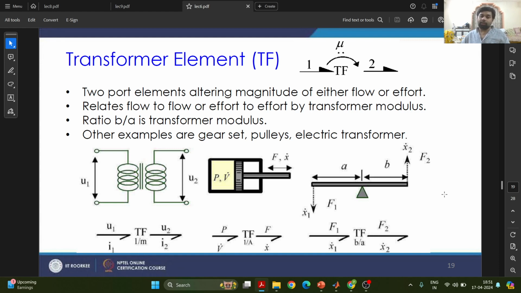Like here we assign the causality in a particular direction. If we can also write the same thing by drawing the same bond graph in the opposite way, we can draw the bond from that x2 dot, f2, then TF, and then the f1 and x1 dots to the right side.